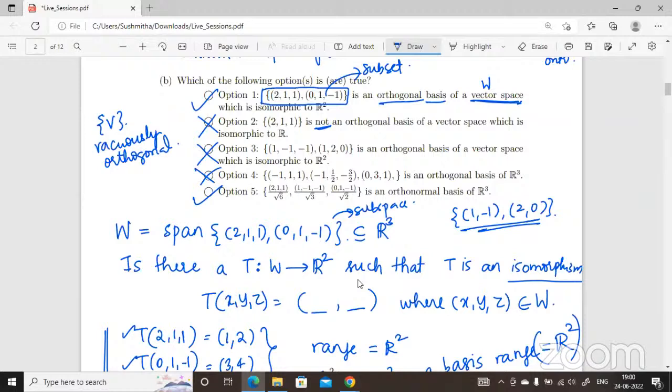This is not orthogonal, but it is given as an orthogonal basis. If this word orthogonal was not there, it would have been true, by the same logic as option 1. Because it's given as orthogonal, it is not true.